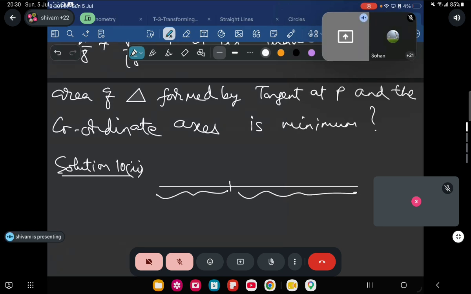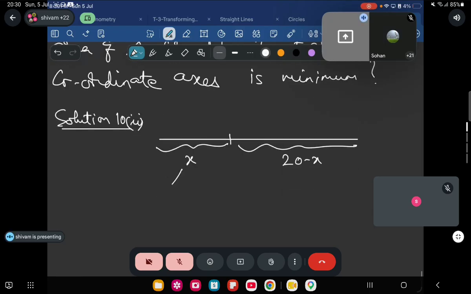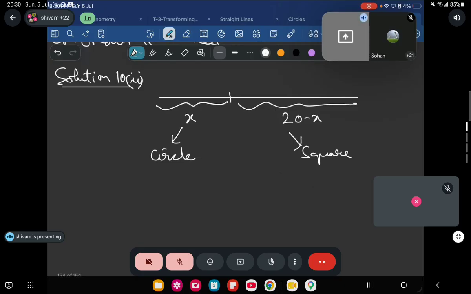Okay, everyone, pay attention. So, over here x, and over here 20 minus x. Total length. With one x, we are making a circle. With another, we are making a square. So over here, x is equal to 2 pi r, right?